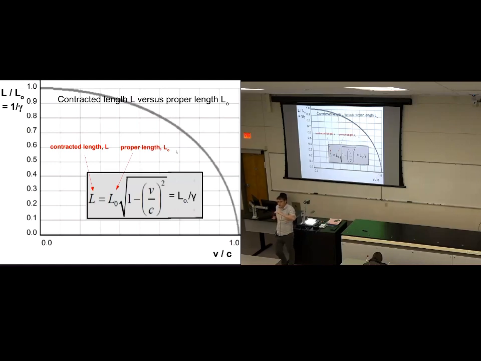So this plot and the previous plot are just gamma plotted versus speed and 1 over gamma versus speed. So really the same quantity I'm plotting in two different ways. In the case of gamma, gamma grew from 1 as you went towards the speed of light. In the case of 1 over gamma, of course, if gamma grows, then 1 over gamma will shrink. So it shrinks from 1 at everyday speeds towards 0, squeezing, contracting the thing to nothing at very high speeds.